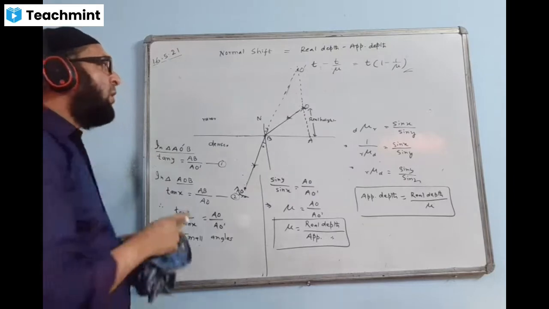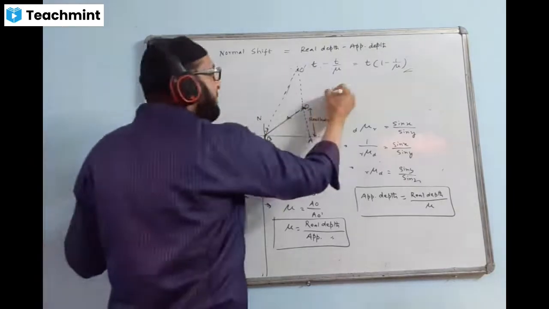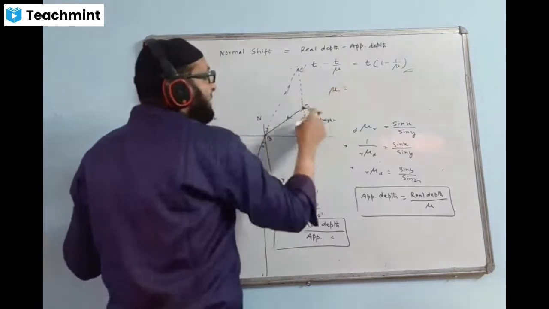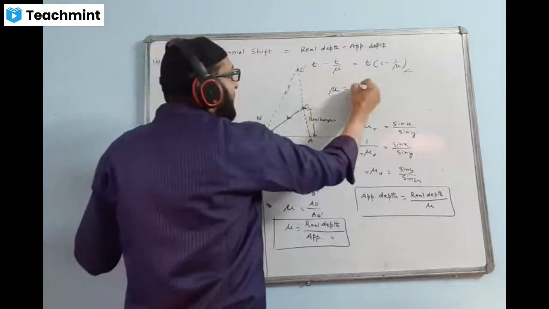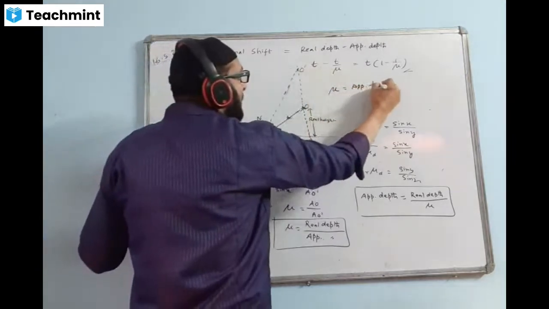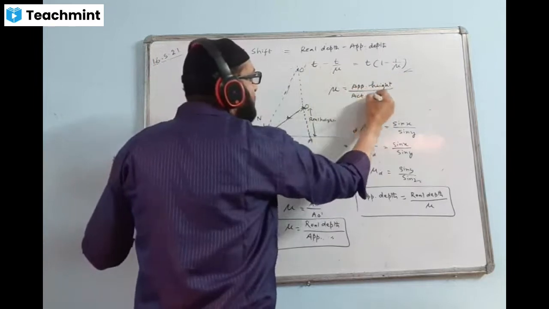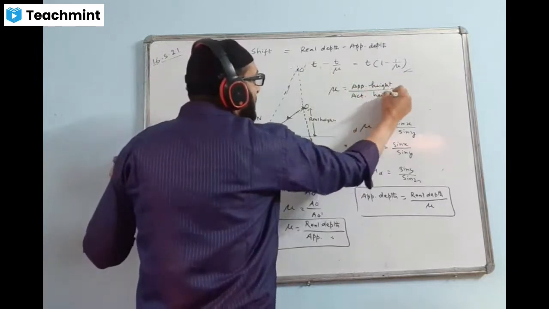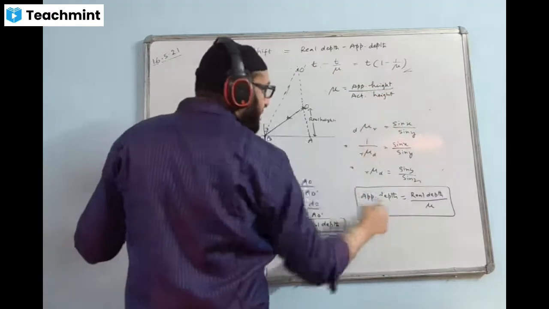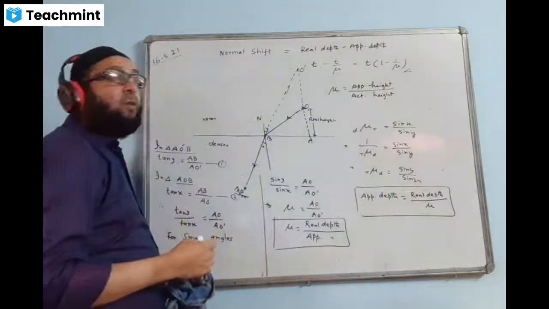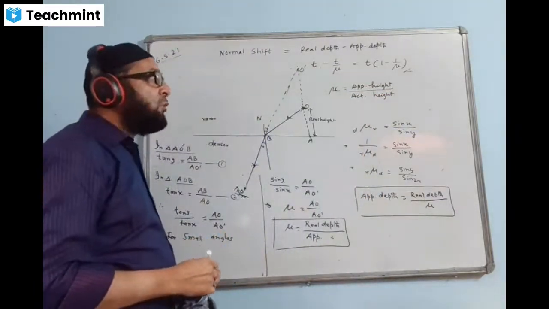And this time the formula of mu, the refractive index formula, will change. This time, height wise, the apparent height is bigger. So the formula will become apparent height by the actual height. Depth wise, the formula is real depth by the apparent depth, but height wise, the formula is apparent height by the actual height.